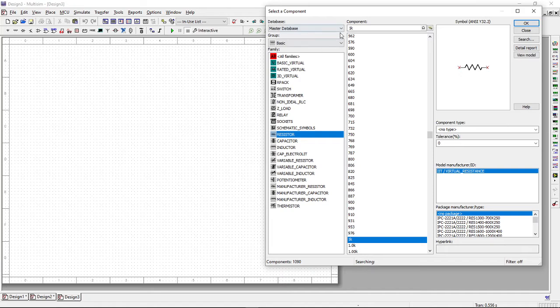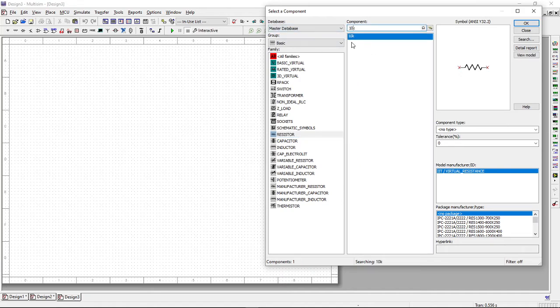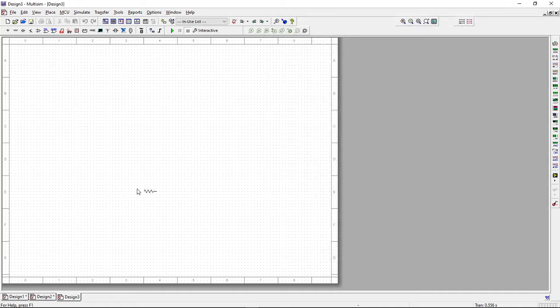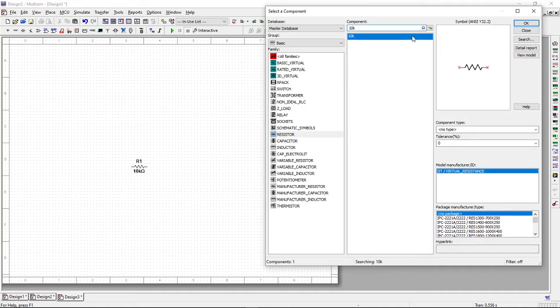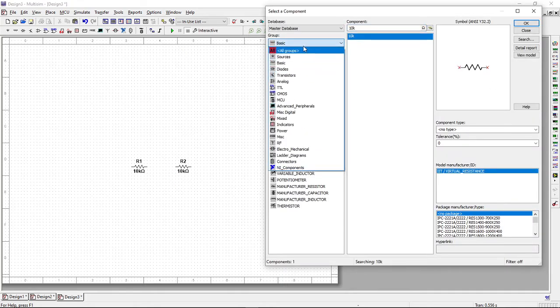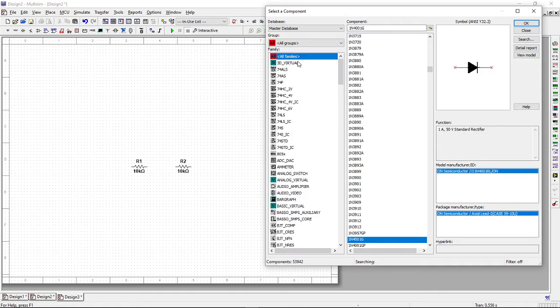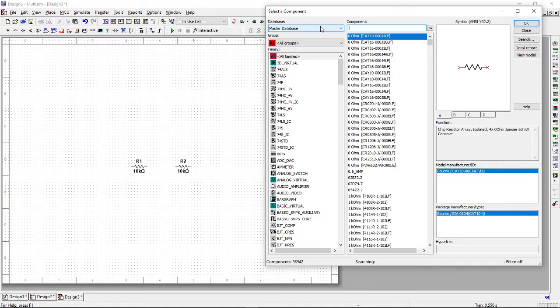I need a 10 kilo ohm resistor, so I am searching for it. This is one resistor, and I need a second resistor. Next I need an op amp.